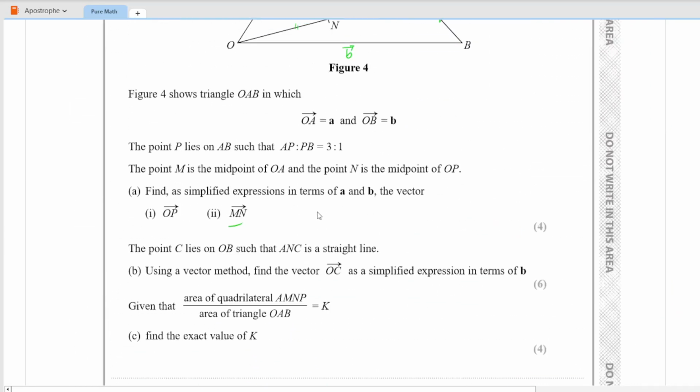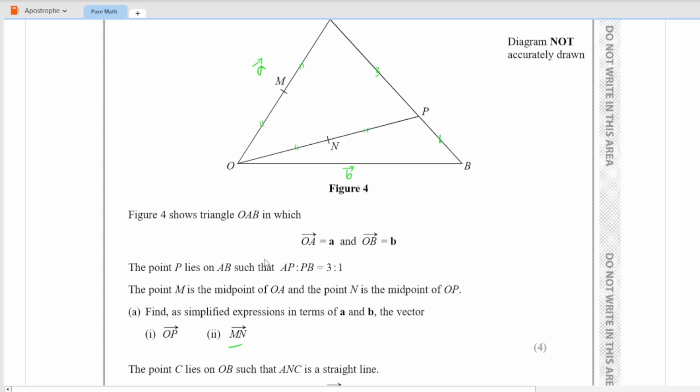Now in the next question, it says the point C lies on OB such that A and C is a straight line. This is a very common type in vectors, where basically you have a point or a vector with unknown values or ratios. So we know C lies on OB.